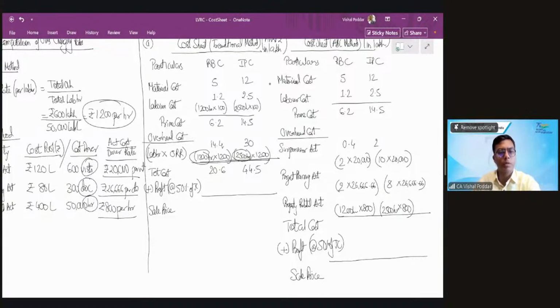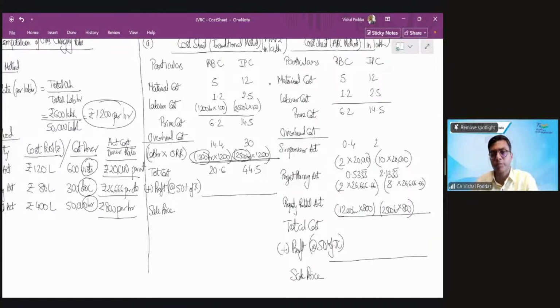Let me just double verify using my calculator so that there is no mistake. It is something like 53,333, and it is 2,13,333.